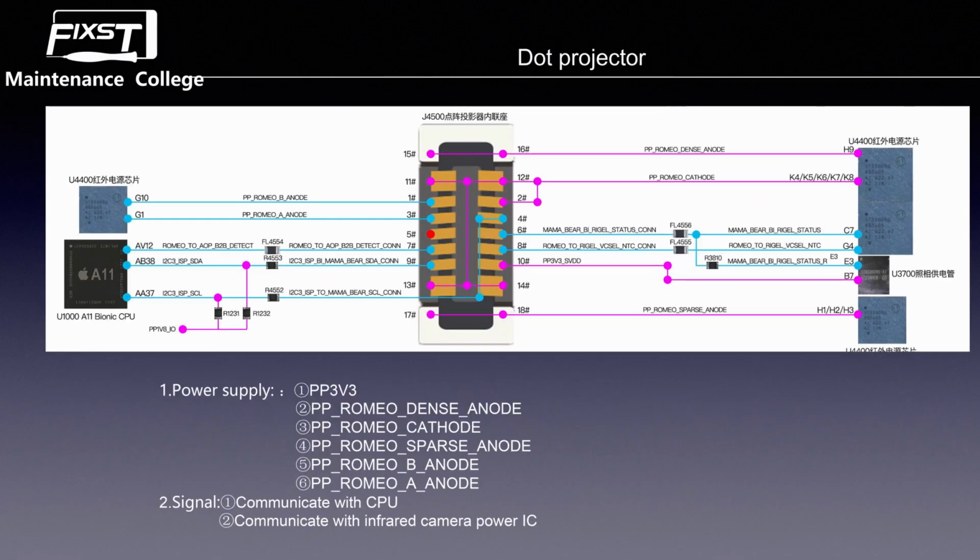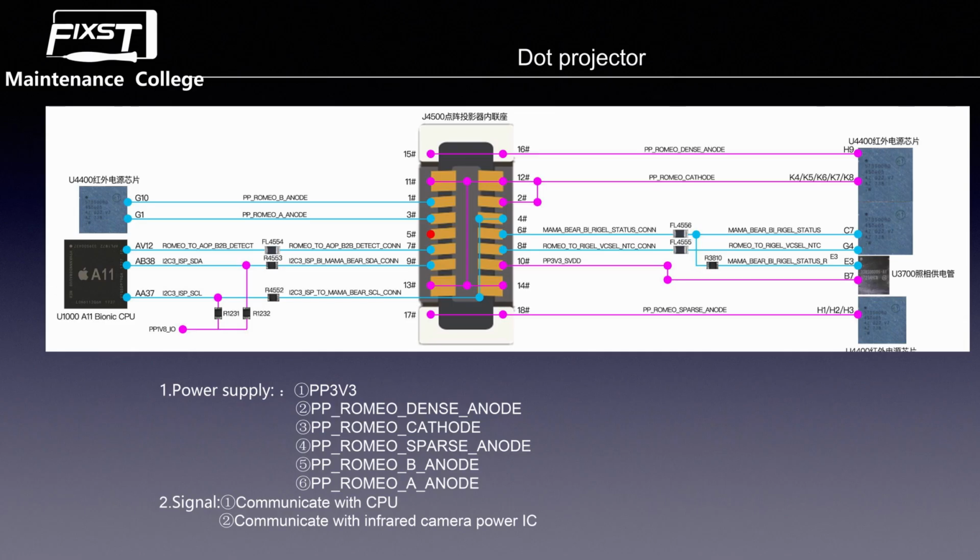The dot projector's working connection also has 2 conditions: one is power, and the second is signal. Now we see this connector, pin 9 is the 3.3 voltage sent to the dot projector from U3700, the camera power IC. And we see pins 15, 16, 11, 12, 17, and 18.